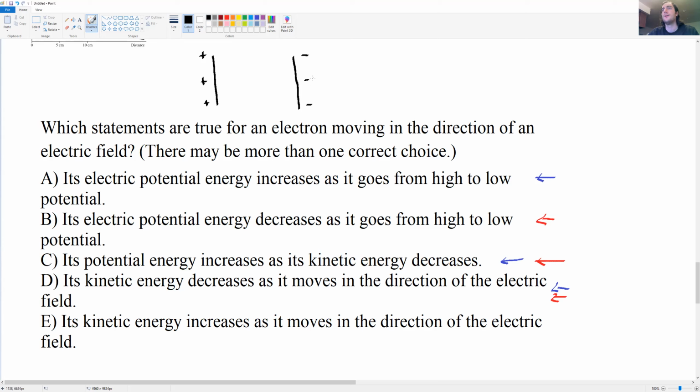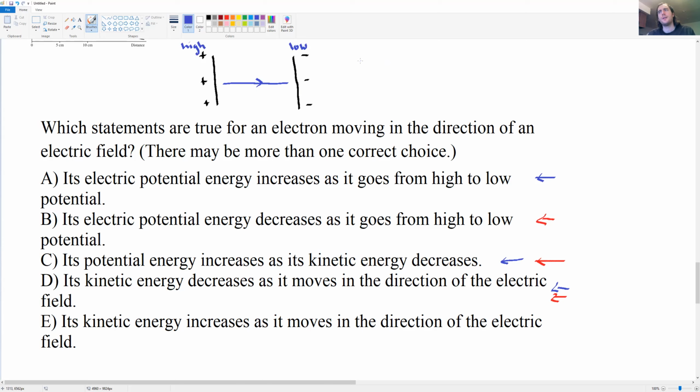I like this way of thinking about it. When you have these two plates, the electric field is in this direction, from positive to negative. The positive plate is at high potential and the negative plate is at low potential. So maybe we can write over here, this is high potential, and this is low potential.